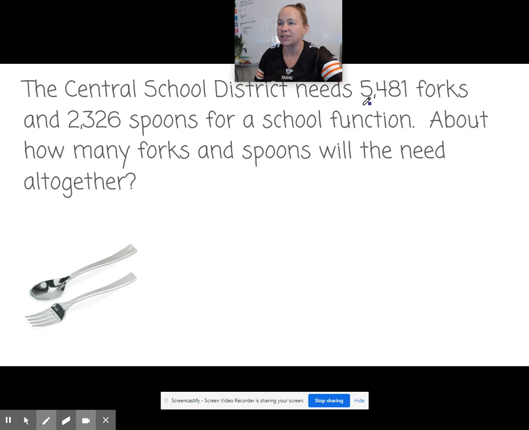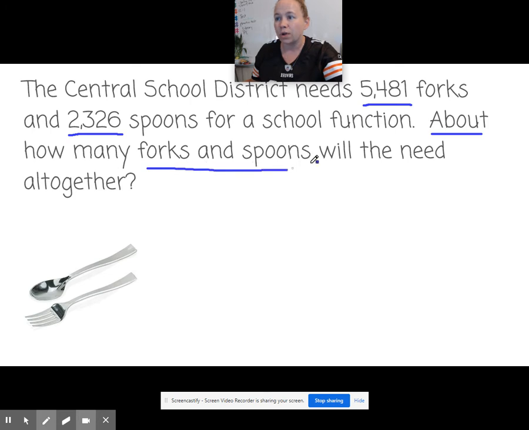I like to underline or highlight the important parts of word problems. So I'm underlining both numbers because those are important. For a school function, about is a key word that tells me they're not looking for an exact answer, they're looking for an estimate.